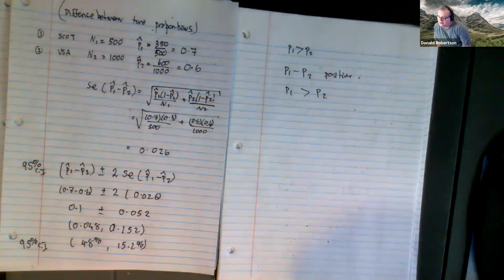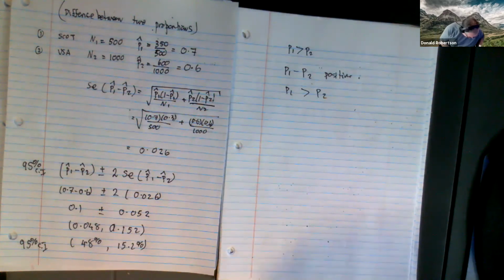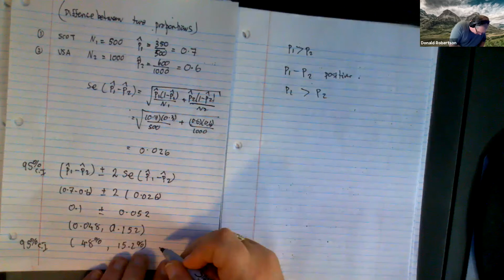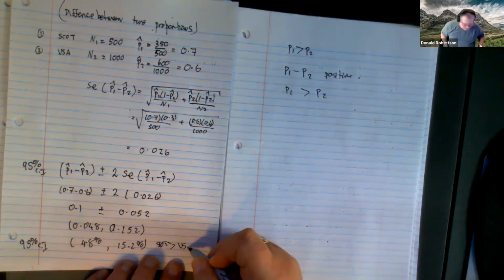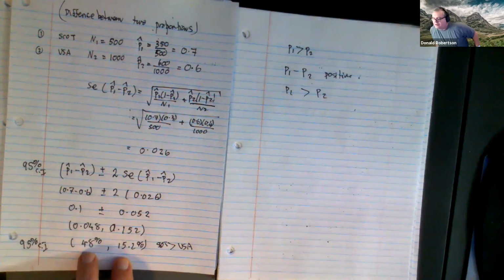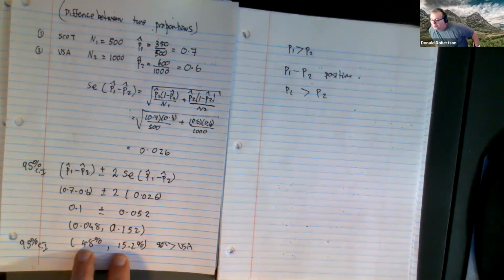So what we've got here is that Scots people drink more than Americans, and we've got some evidence to prove it. Roughly, don't Scots people drink between 5 and 15% more than Americans, according to this data? The difference is how much more.